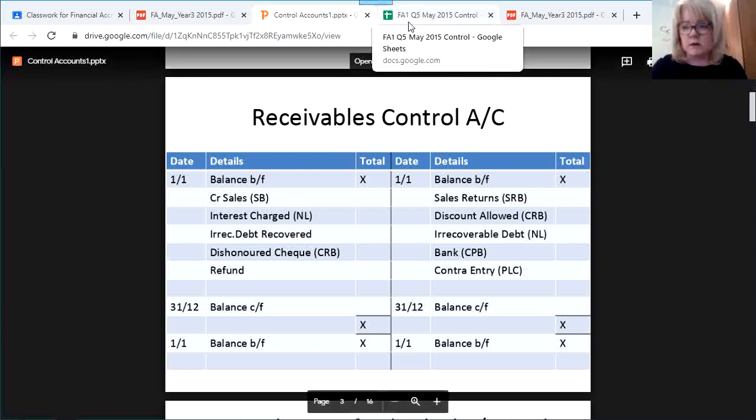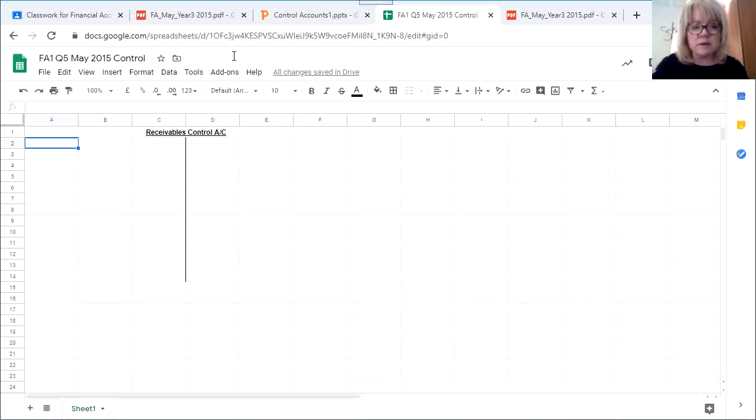So that's a summary of the receivables control account. So if we take our question and set up our T account, we can start off with those opening balances. And on the debit side your main balance there was 34,110. So you will be writing this up. Just for demonstration purposes I'm showing it in a spreadsheet.